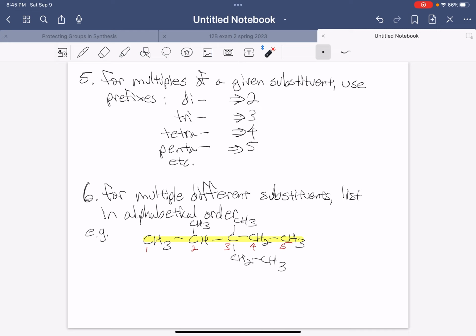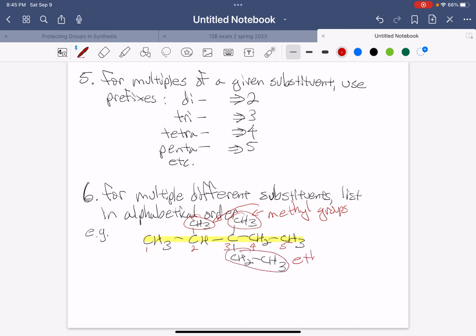Yeah, there's quite a few rules here, but we will apply them. Let's see what else we have here. So the CH3s that I circled are methyl groups. And then this here, CH2CH3, is an ethyl.